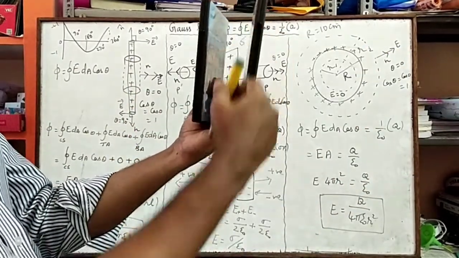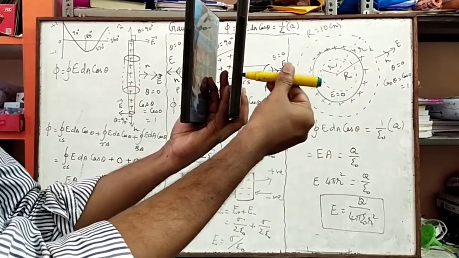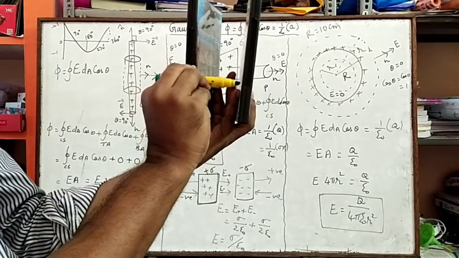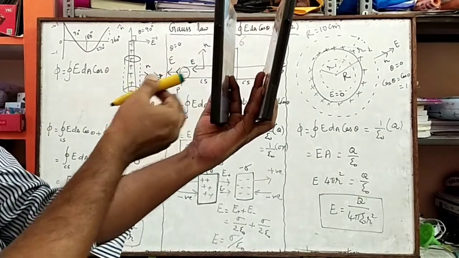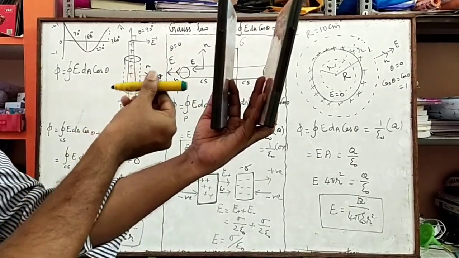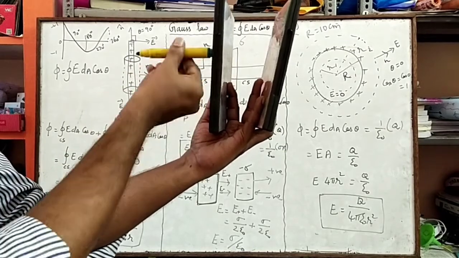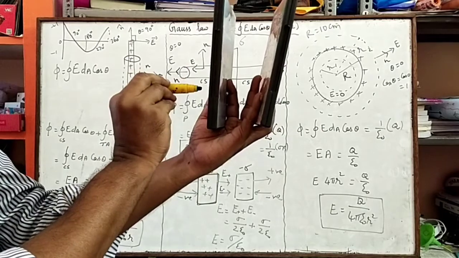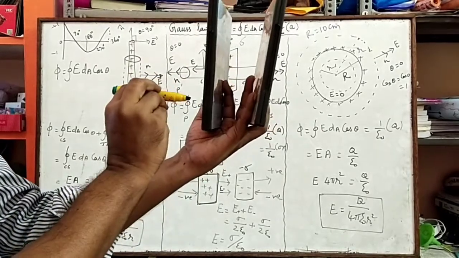Due to the negatively charged plate, the force line will be acting along this direction. So if you consider outside the plates, this is the direction due to the positively charged plate, and this is the direction due to the negatively charged plate. So they are getting cancelled.